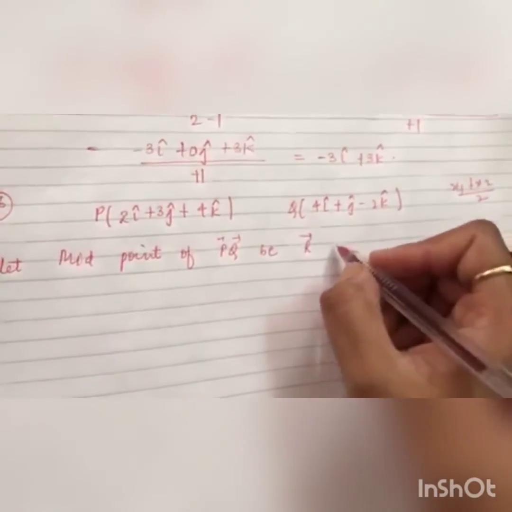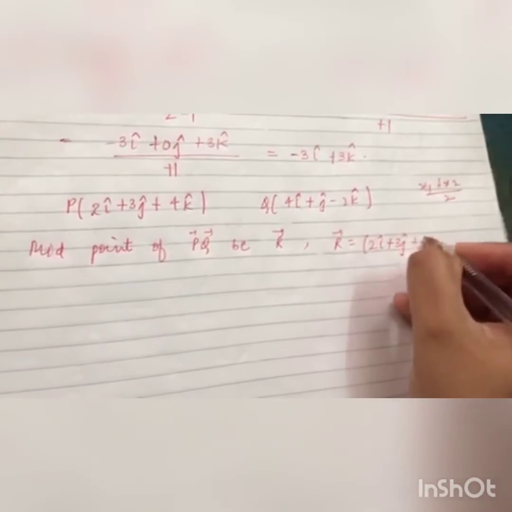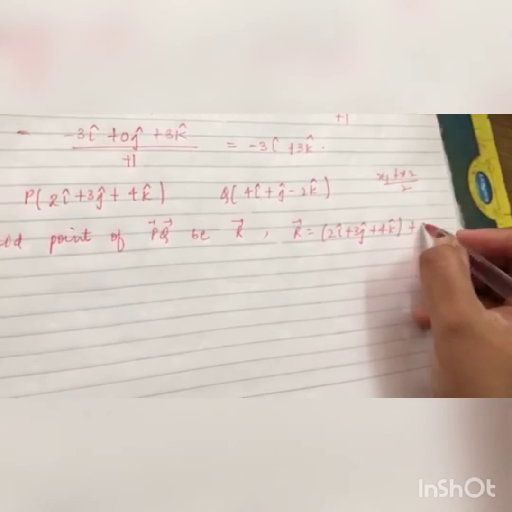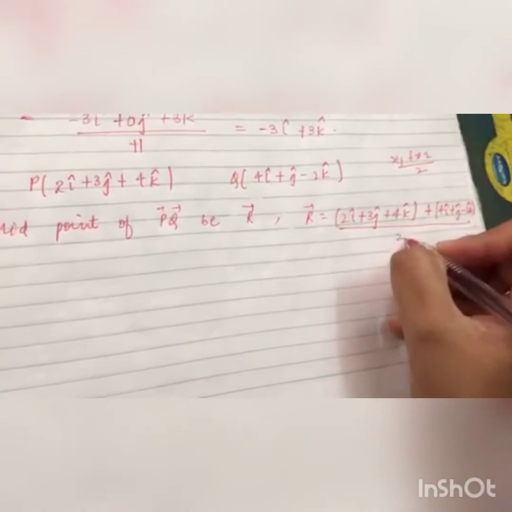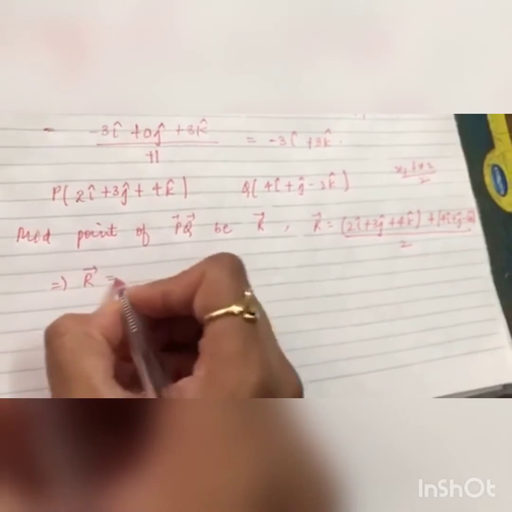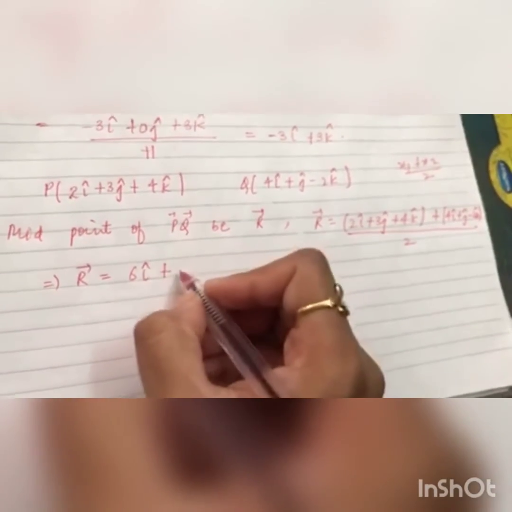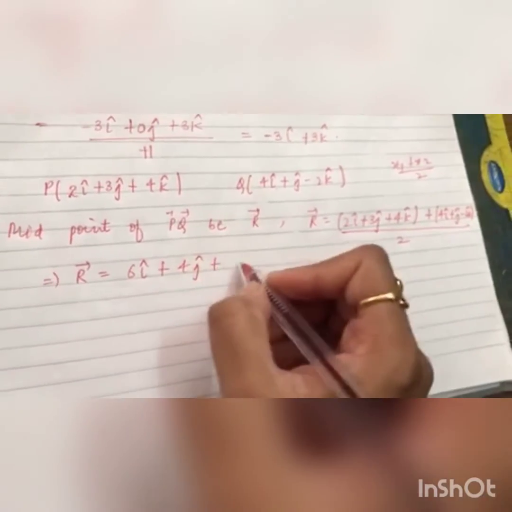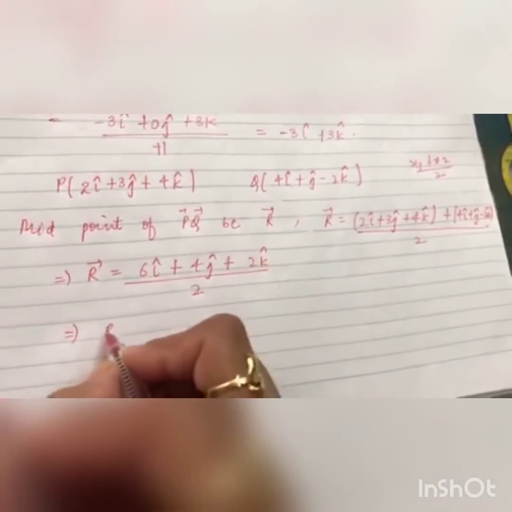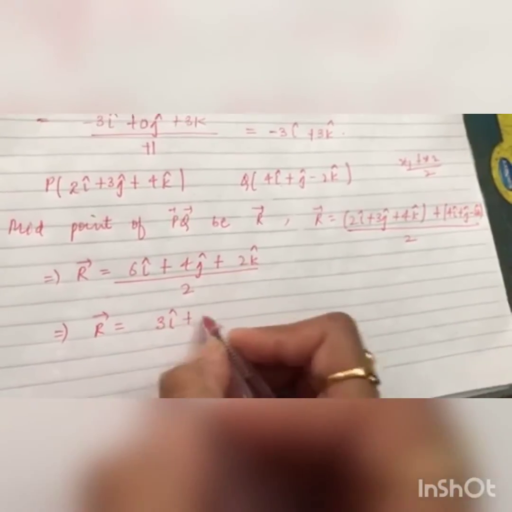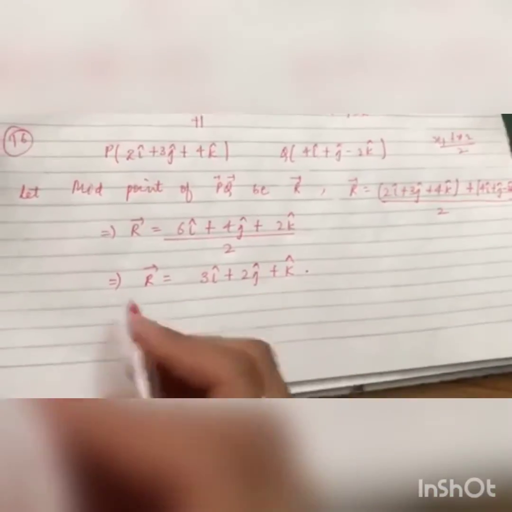Then r vector is equal to 2i cap plus 3j cap plus 4k cap plus 4i cap plus j cap minus 2k cap divided by 2, which implies r vector is 2i plus 4i, that means 6i cap, 3 plus 1, 4j cap, and 4 minus 2, 2k cap divided by 2. So this implies r vector is equal to 3i cap plus 2j cap plus k cap. So this is the required r vector.